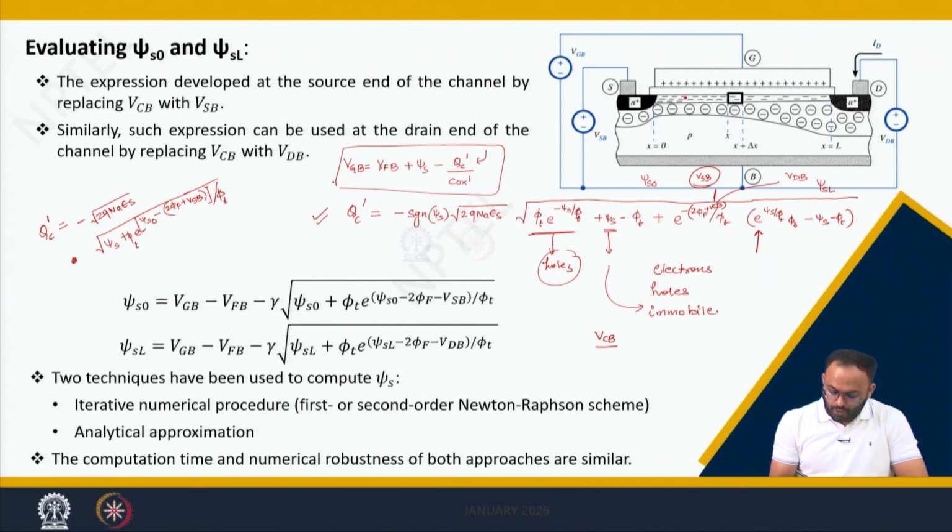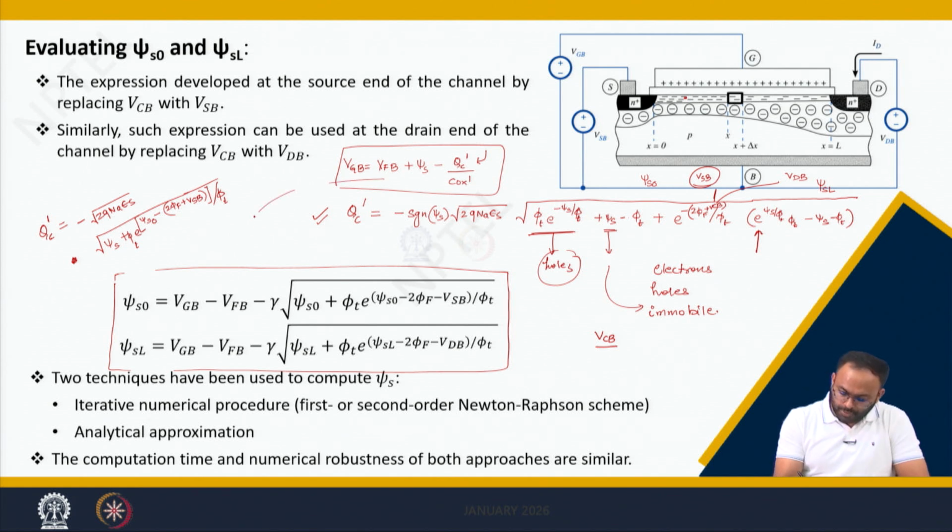So, I will get a form of psi S0 and psi SL, where psi S0 is nothing but, from here, VGB minus V flat band voltage minus Cox dash into minus 2 into q into Na into epsilon S divided by Cox dash.